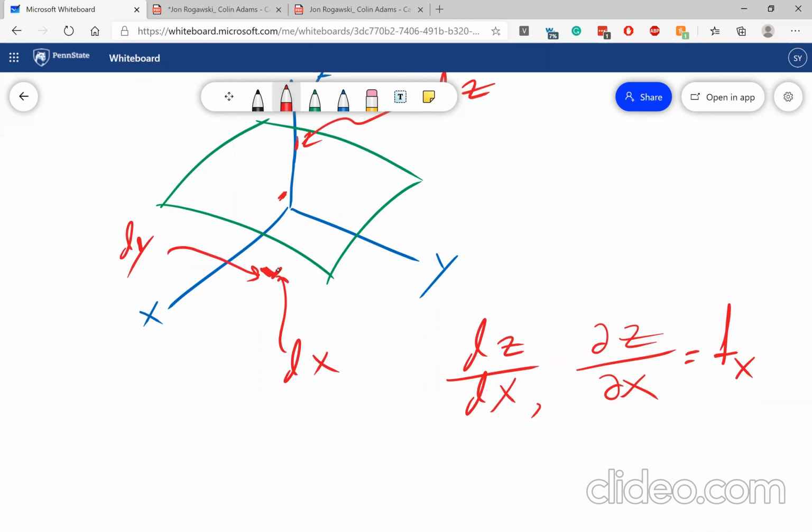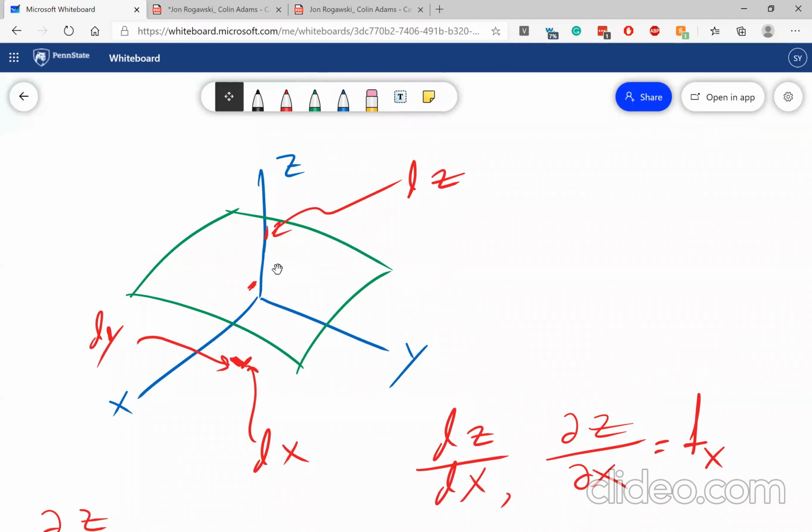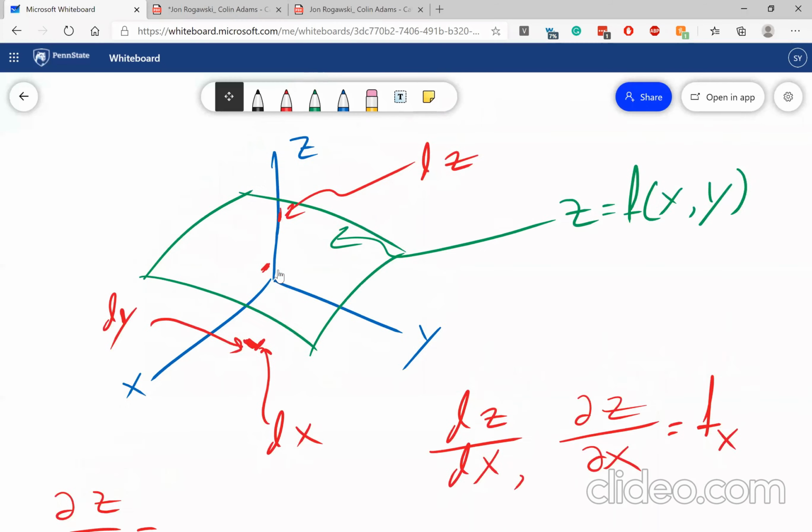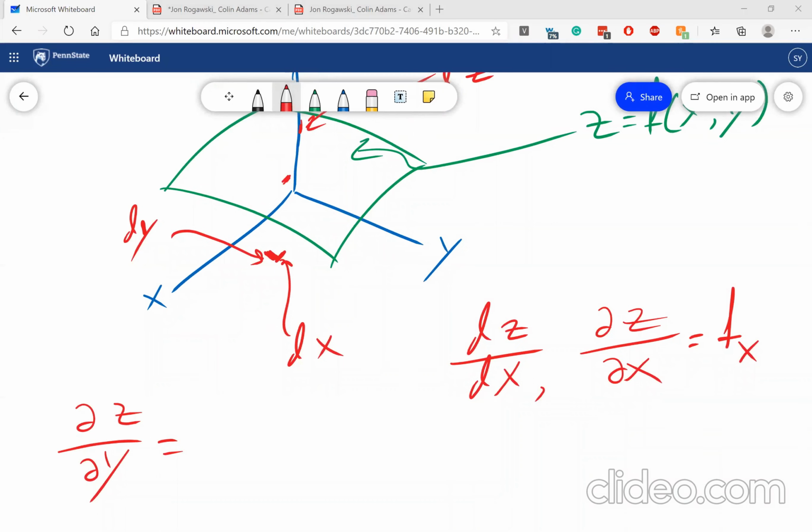So that would be partial z with respect to y, which would be equal, just to clarify some stuff, this is the surface z is equal to f of x y. Okay, so then this thing is equal to f sub y. Any questions about this?